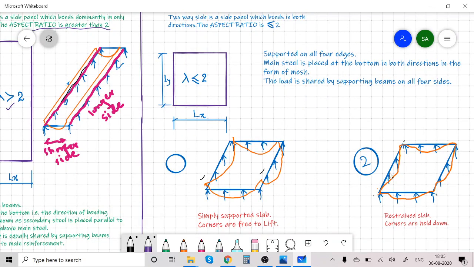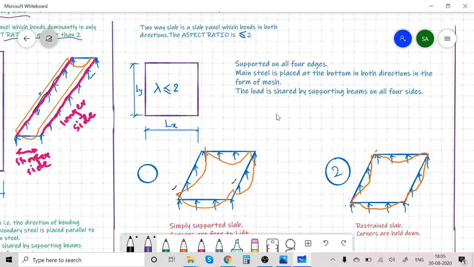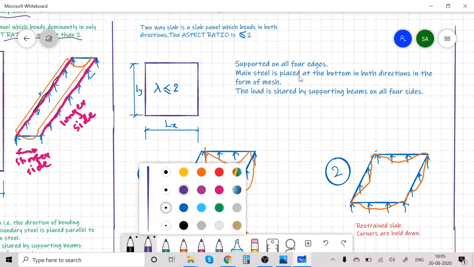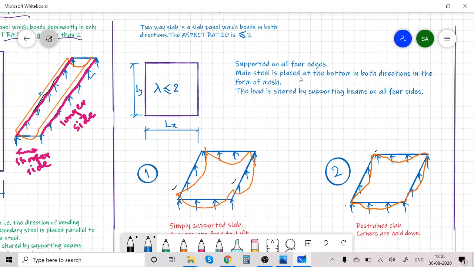Now, in case of two-way slab, the slab is supported on all the four edges, and it is designed when the aspect ratio is less than or equal to 2. The main steel is placed at the bottom in both directions in the form of mesh, shorter direction as well as longer direction.